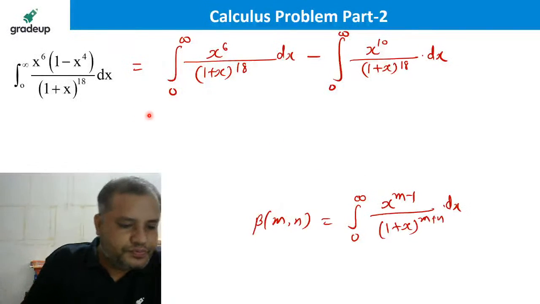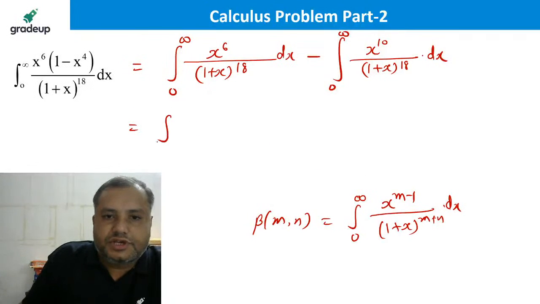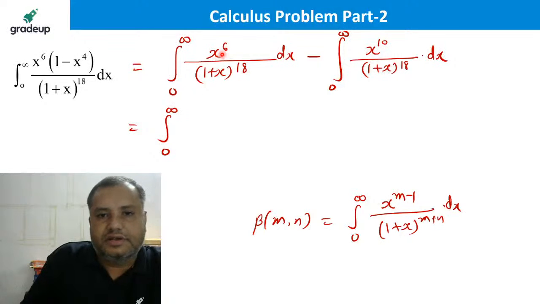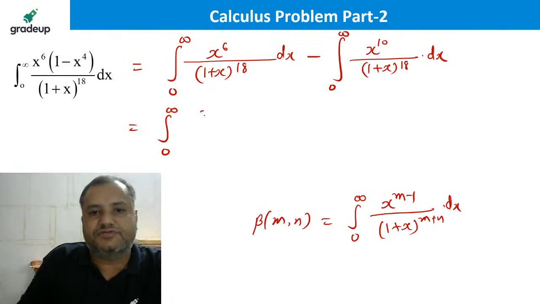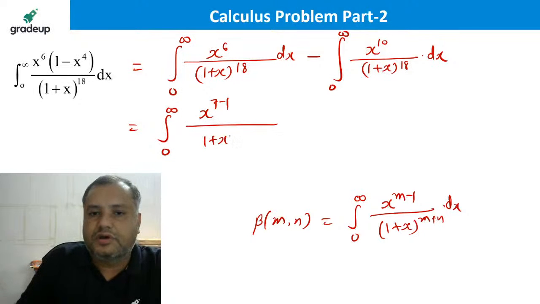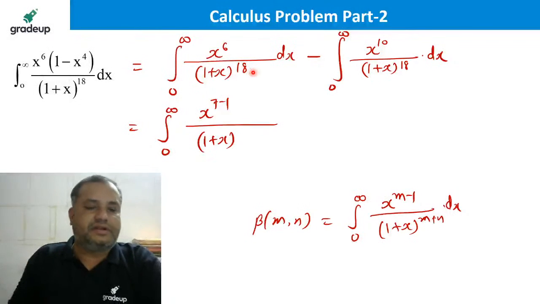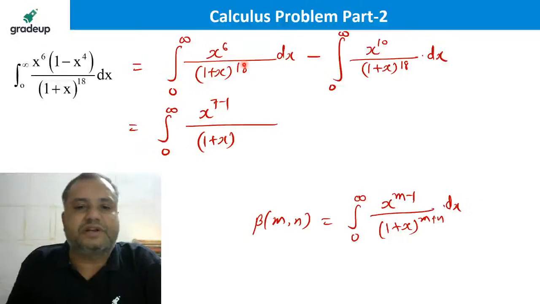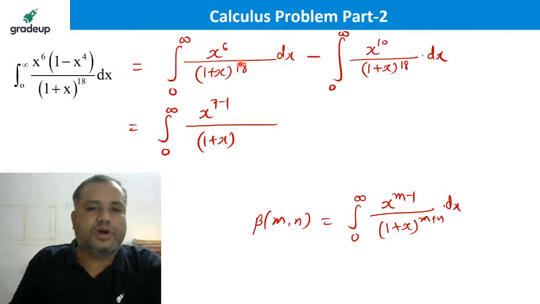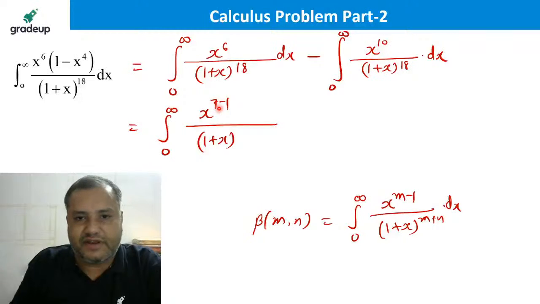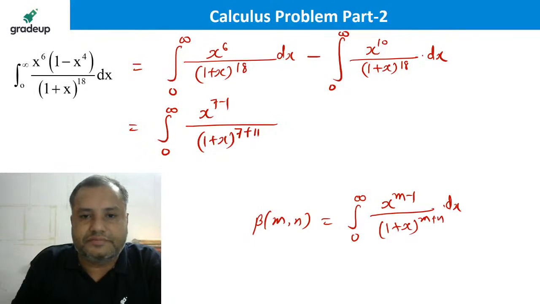Okay, so 0 to infinity, 6 can be written as 7 minus 1. Now 1 plus x to the power 18: this has to be broken into two parts, where one part is 7. So what will be the remaining part? Another part will be 11.